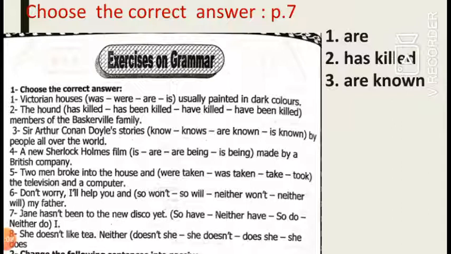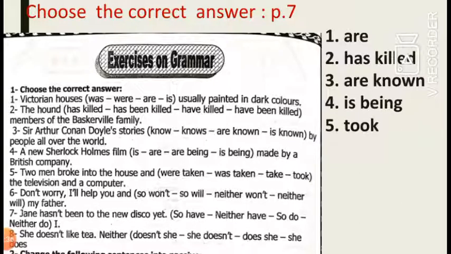Number 4, a new Sherlock Holmes film is being made by a British company. Is being made, present continuous passive. Number 5, 2 men broke into the house and took the television and the computer.